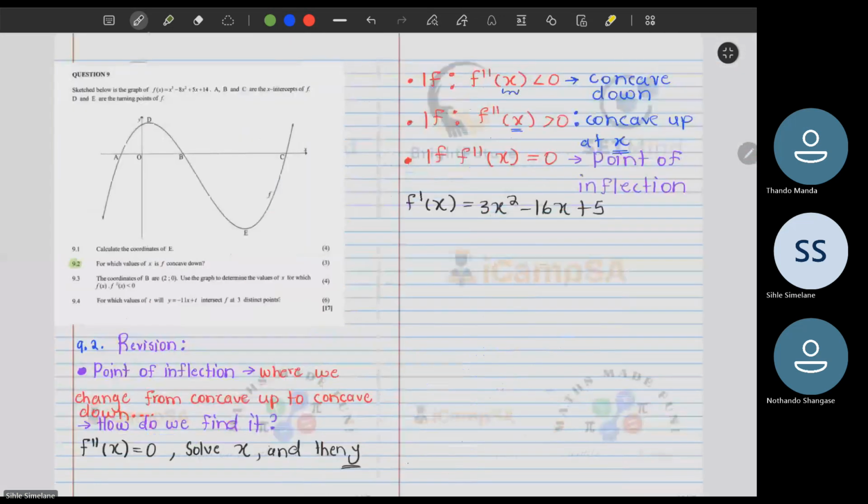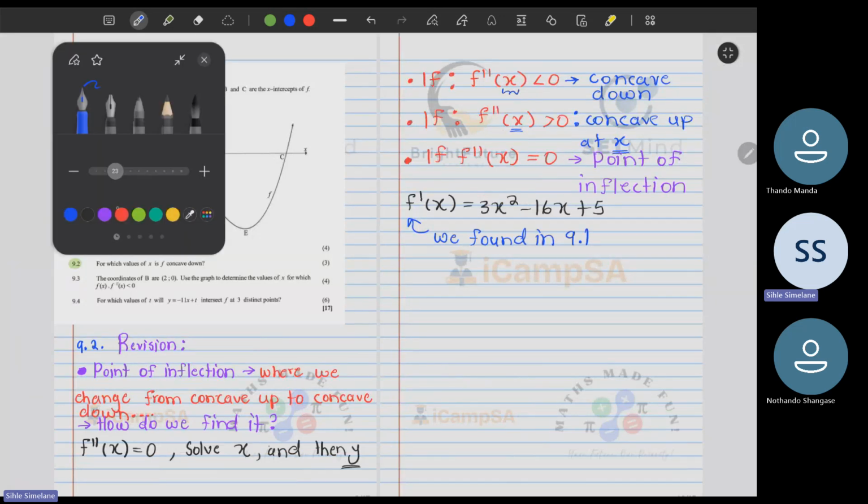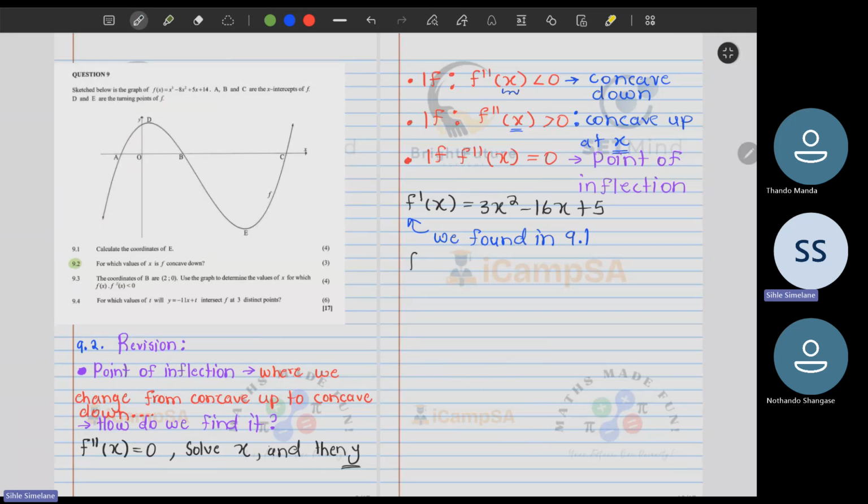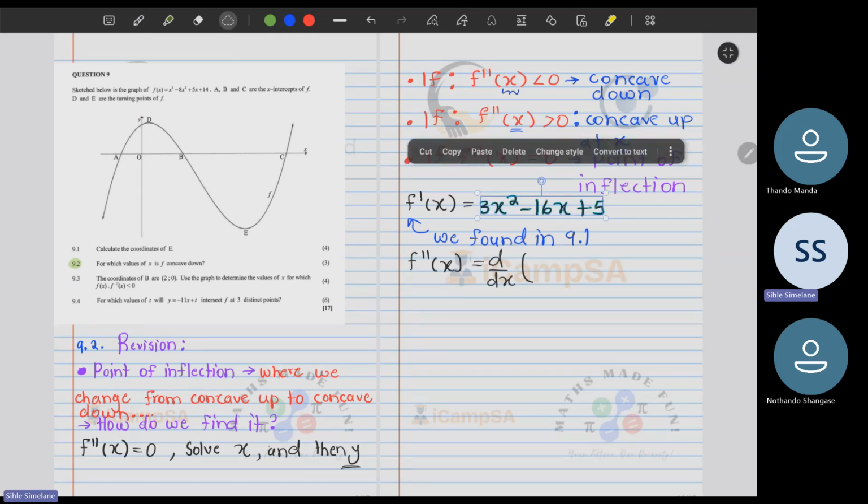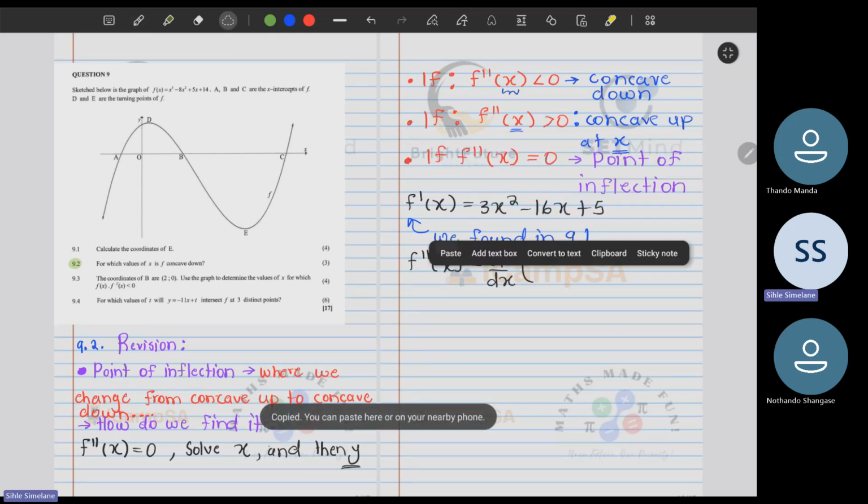Yeah. This, remember, we found previously in 9.1. Now, for us to find the second derivative, f double dash, it means we now need to find the derivative of this first derivative.